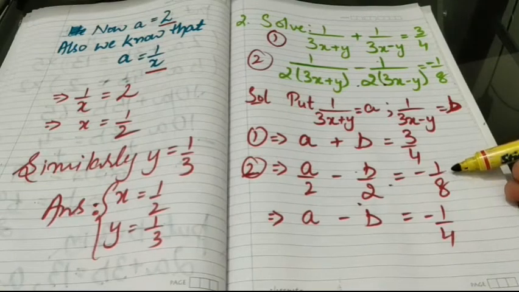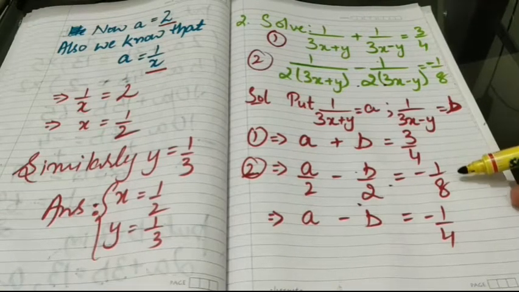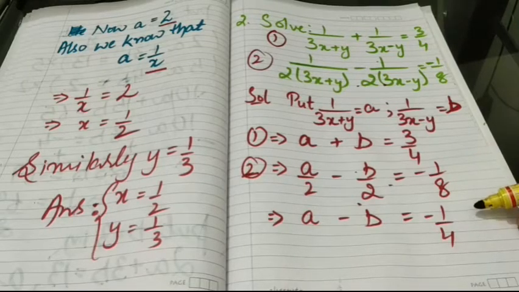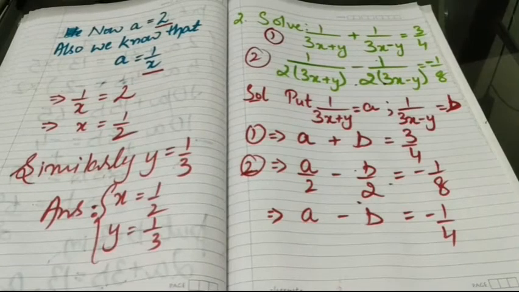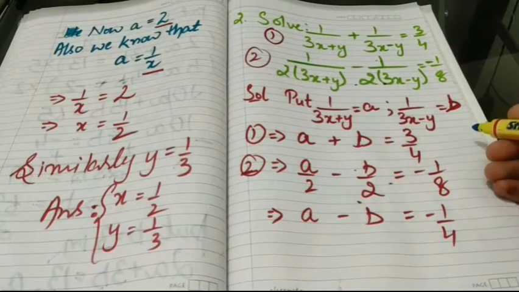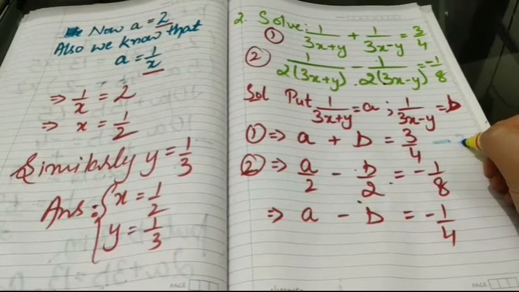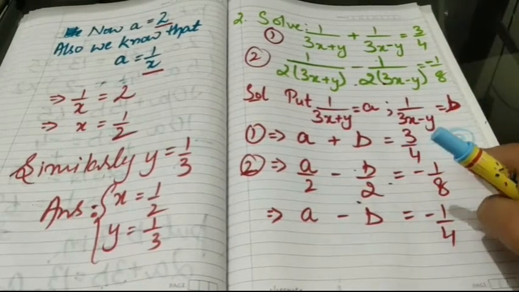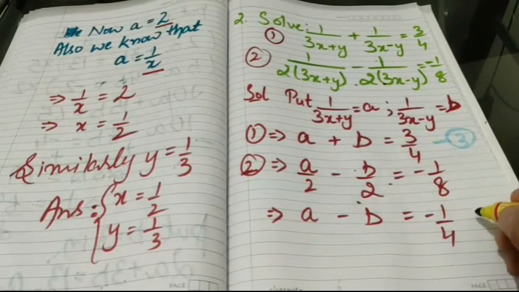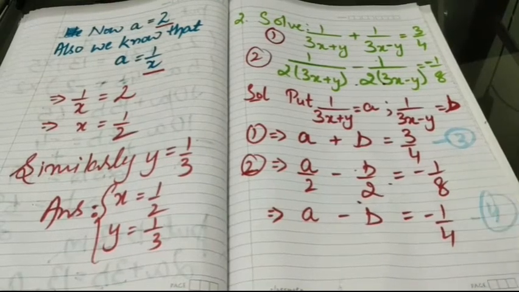By taking LCM 2 and by cross multiplication, equation 2 will become a minus b equals minus 1 upon 4. That is how we have reduced given equations as linear equations. This is equation 3, and equation 4 is this.